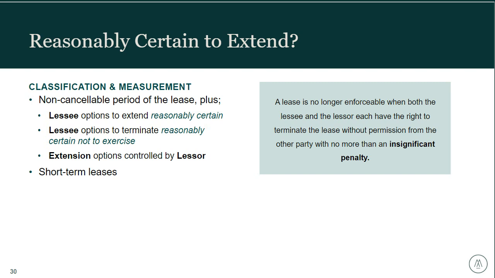And to me, the key here is if both parties can terminate this with no more than an insignificant penalty, then there are not rights and obligations under the contract, effectively. So after 12 months, if I can terminate with no penalty or just 30 days notice, and the lessor can, then enforceable rights and obligations do not exist at that time.